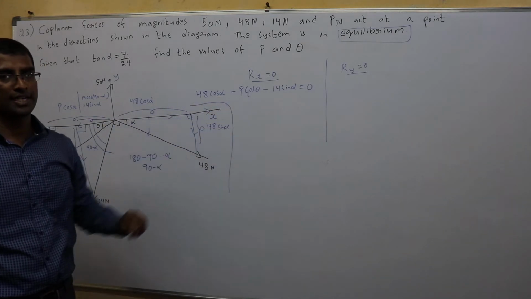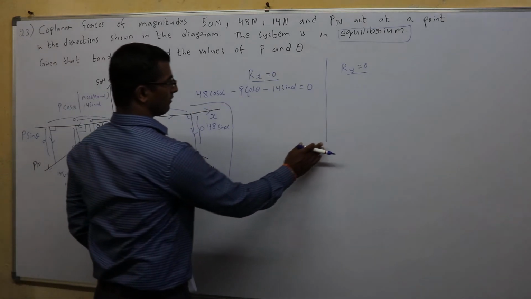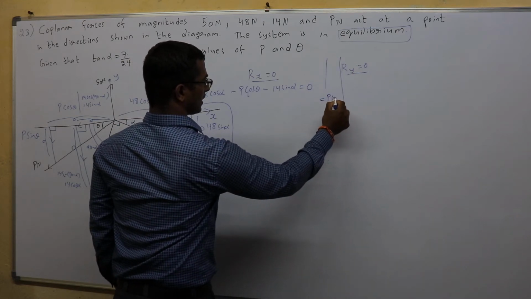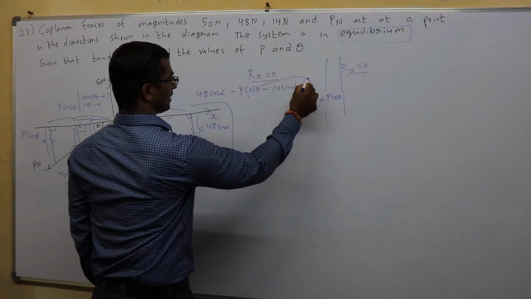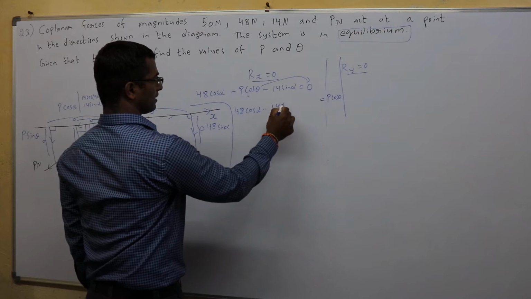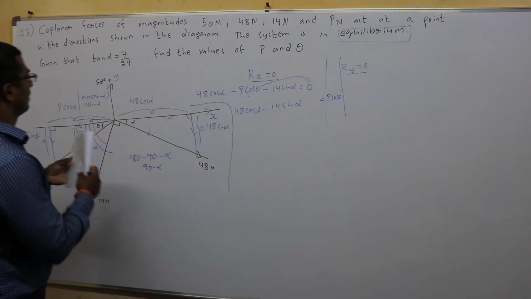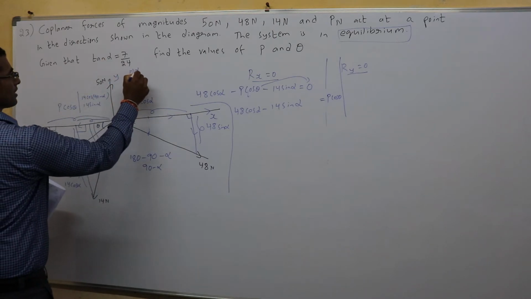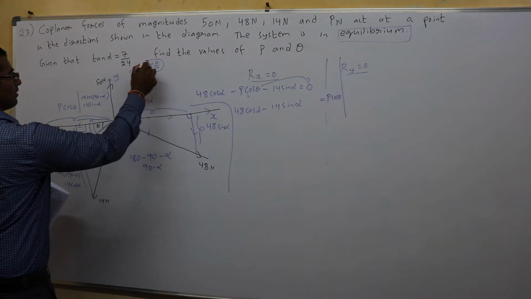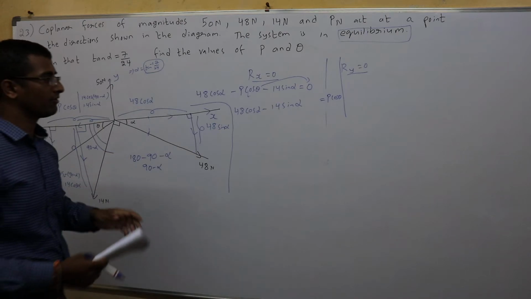So make P cos theta the subject. Send P cos theta to the other side. So what will it become? P cos theta, this I am shifting, is 48 cos alpha minus 14 sin alpha. I know the alpha value. Tan alpha equal to this much means alpha equal to tan inverse 7 by 24. Don't calculate this. Use it as it is in place of alpha.